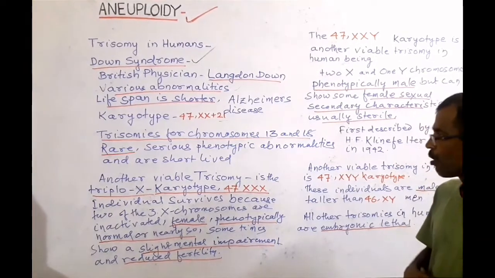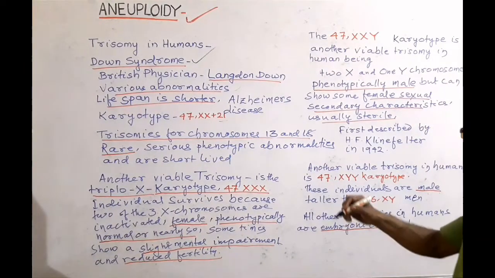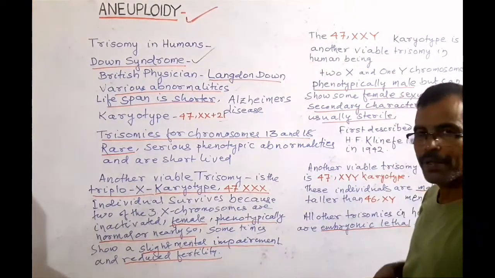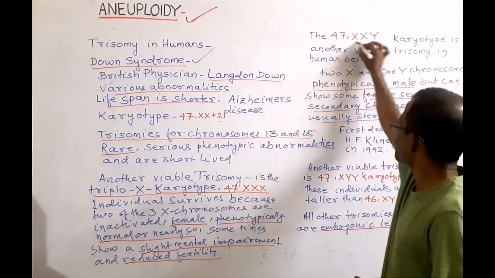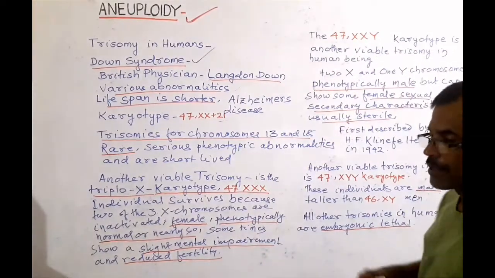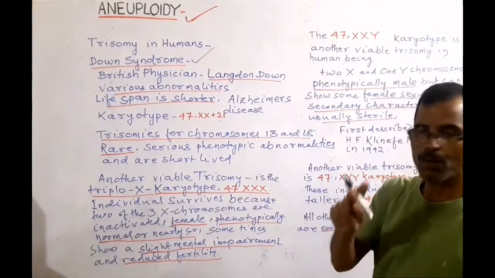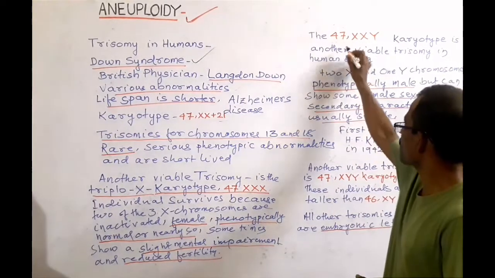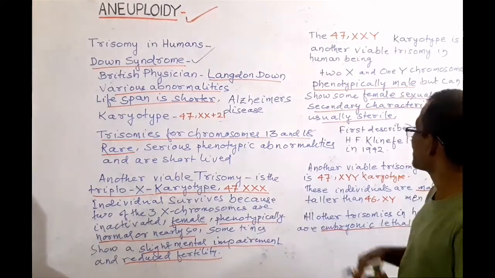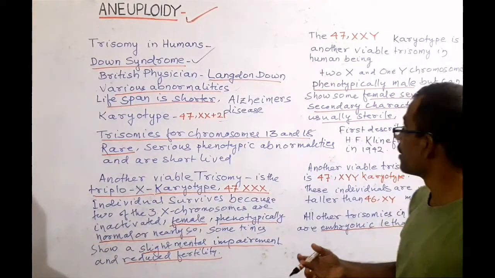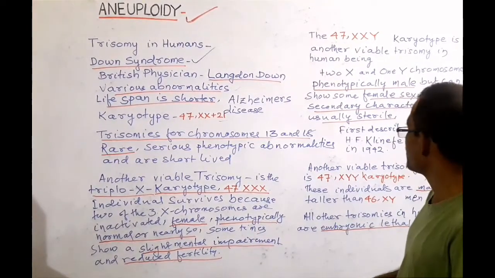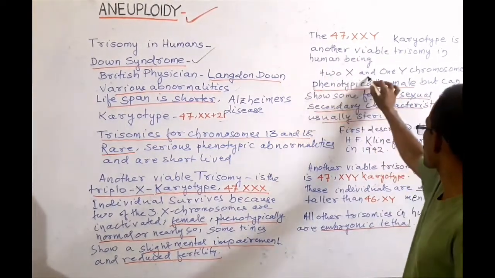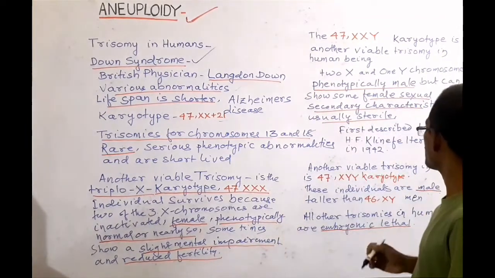Another example of viable trisomy in human beings is 47,XXY. In this type of trisomy, there are 2 X chromosomes and 1 Y chromosome.